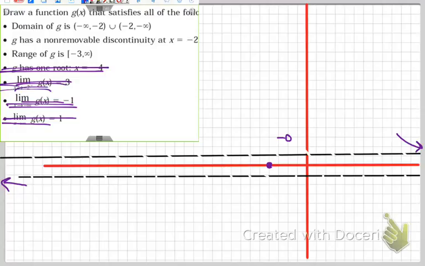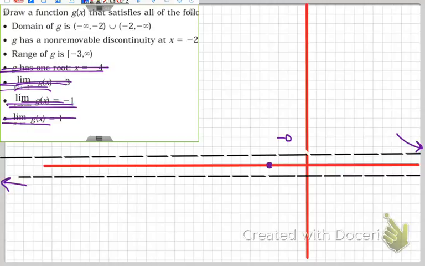And now we just kind of have to piece it together. So there's a lot of different ways you could draw this. I know that it definitely needs to go down to negative 3. So it needs to start at negative 3 somewhere, right? Okay. So we need to figure that piece out. Honestly, just probably connect the dots.